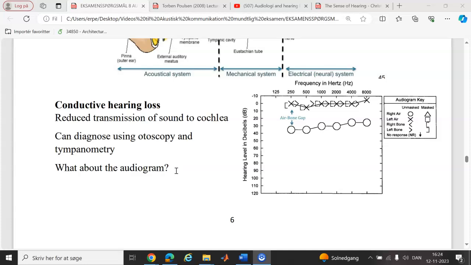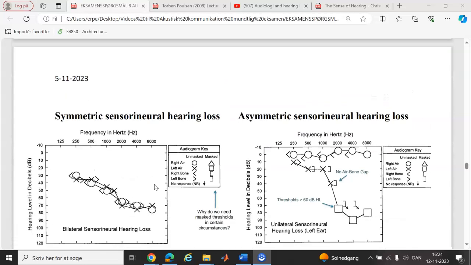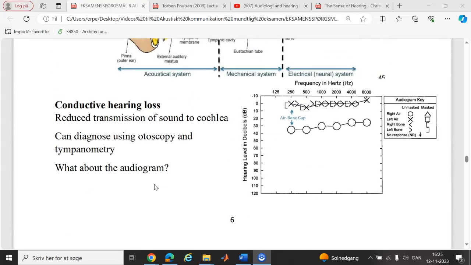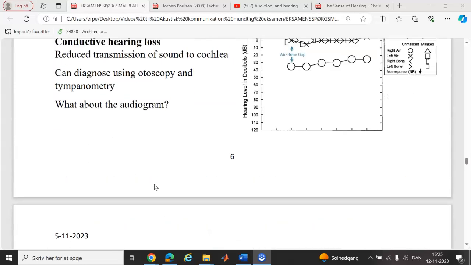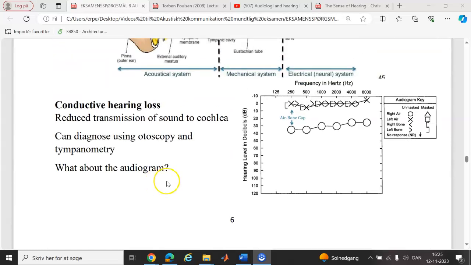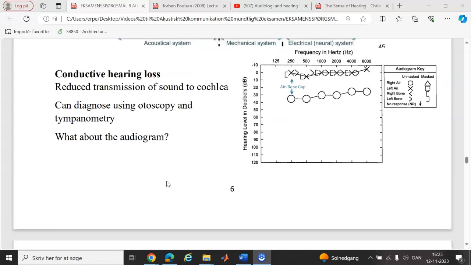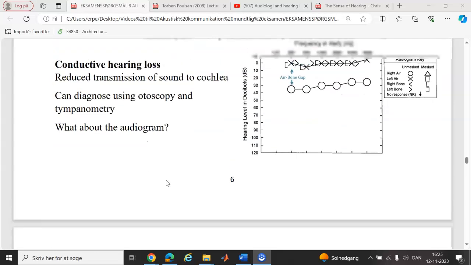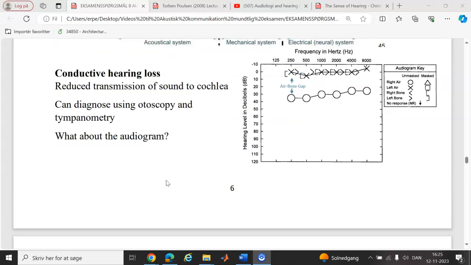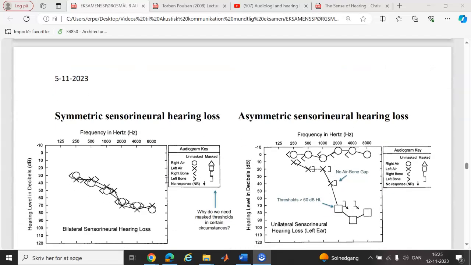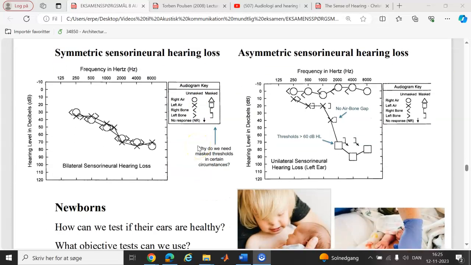There's an air-bone gap, you can see here on the graph. The right ear unmasked is lower than the bone.